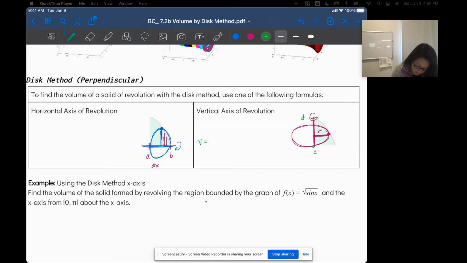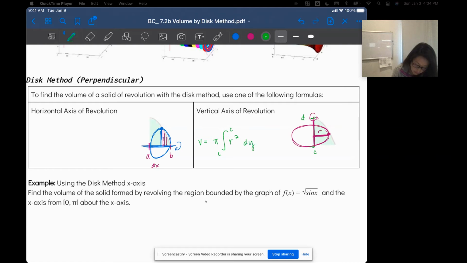The volume is going to be, basically, we're adding up a bunch of circles. So it's pi r squared. But I'm going to add up a lot of circles over time. So it's the integral from C to D of pi r squared.